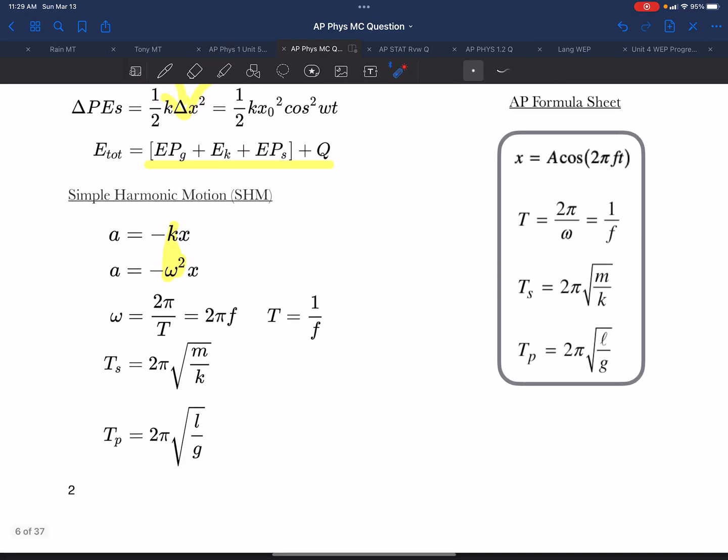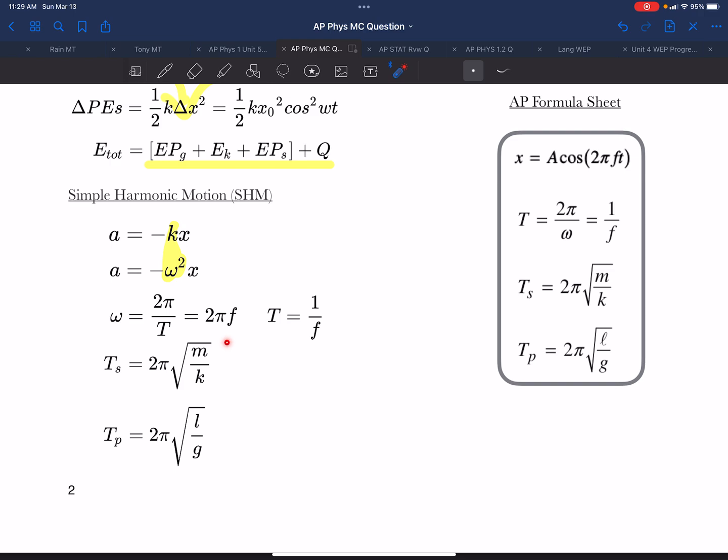Omega itself is defined as the rate of completion of the cycle, or 2 pi radians, the entire cycle, over the time it takes to complete the cycle, the angular frequency, the angular velocity. It could also be defined as 2 pi f, since period is 1 over frequency and frequency is 1 over the period.